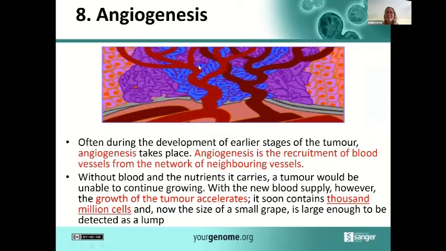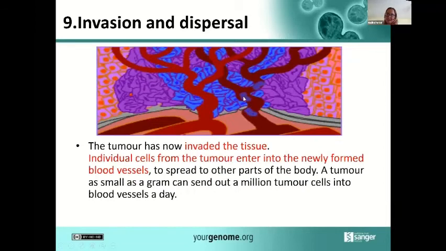And when it does that, this is the angiogenesis phase. So the blood vessels start to grow around the tumour so that the tumour can get more oxygen, more nutrients, so that the cells can keep dividing. And also these cancer cells can now get into the blood. And once they're in the blood, like here, they can spread to other parts of the body.